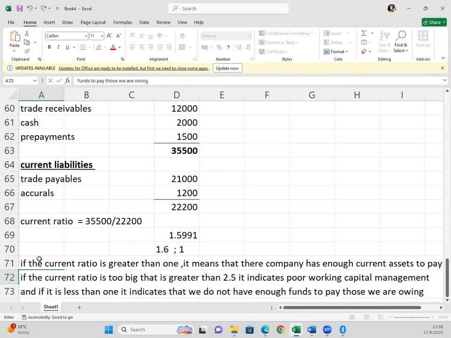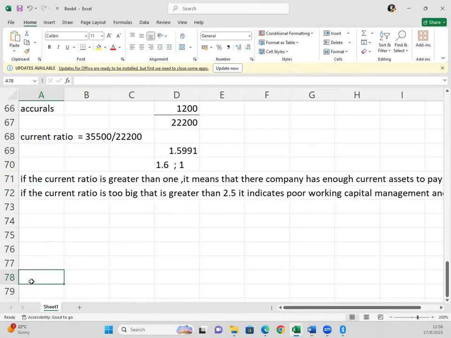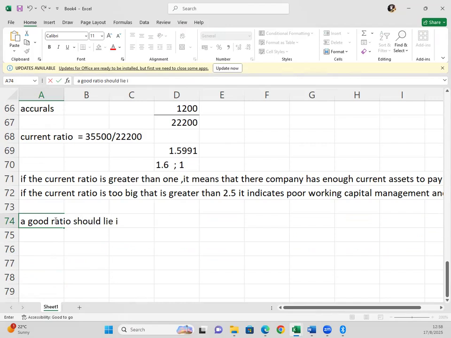So a good ratio should lie in the range of 1 to 2.5. The ratio must not be too low, and it mustn't be too high.